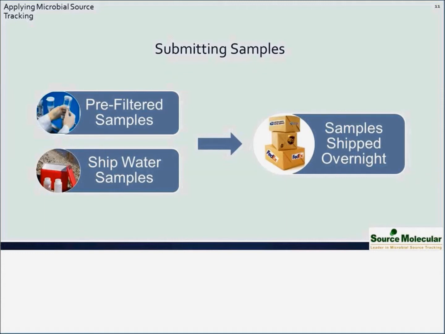So from there, when you're collecting the samples for microbial source tracking, you would use the standard procedures that you would use for collecting your normal bacteria monitoring samples. We ask for a bit more water, usually 500 milliliters, so that we can concentrate higher volumes of bacteria.